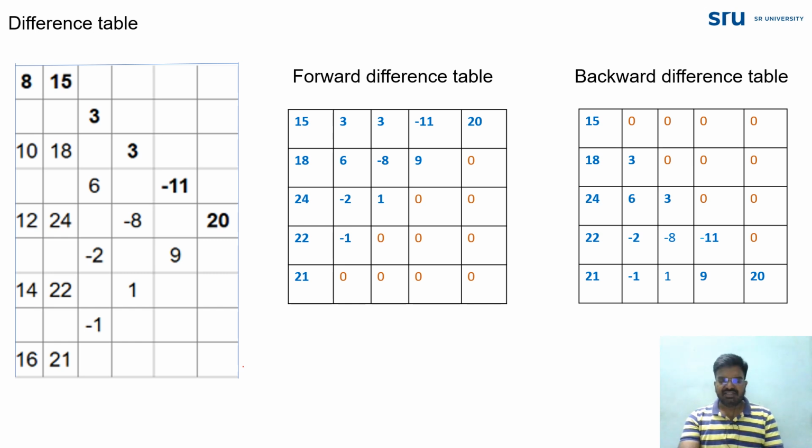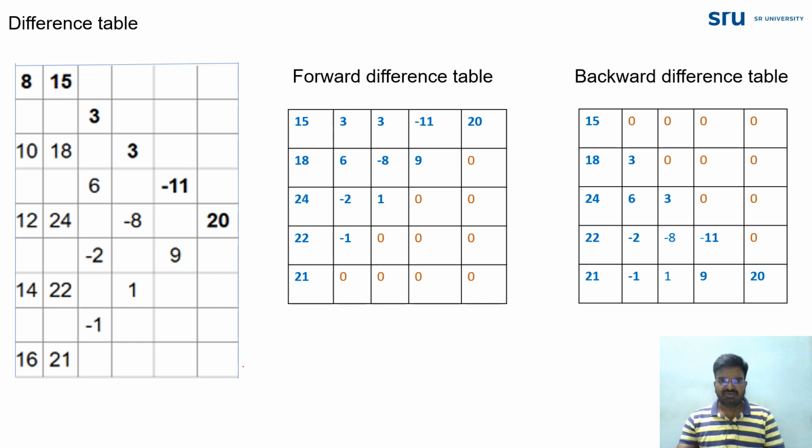In the forward difference table, I start differences from the first row. In the backward difference table, I start differences from the last row. See, I'm not changing the original difference table, just writing all differences in convenient form. This is more convenient to substitute in the formula if you write in this way.